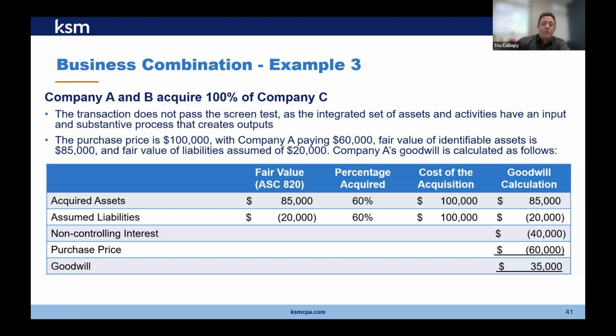In this situation is where you would record non-controlling interest for the portion that company B acquired. But in this case, there is still goodwill here because the overall purchase price was still $35,000 greater than the sum of the assets and liabilities. So the controlling company would then record $35,000 of goodwill.